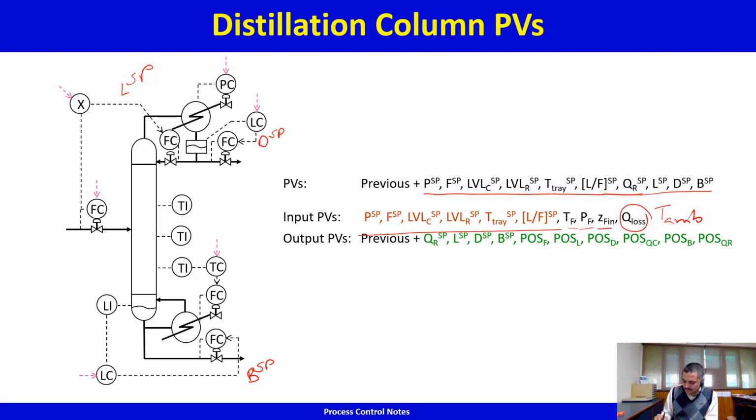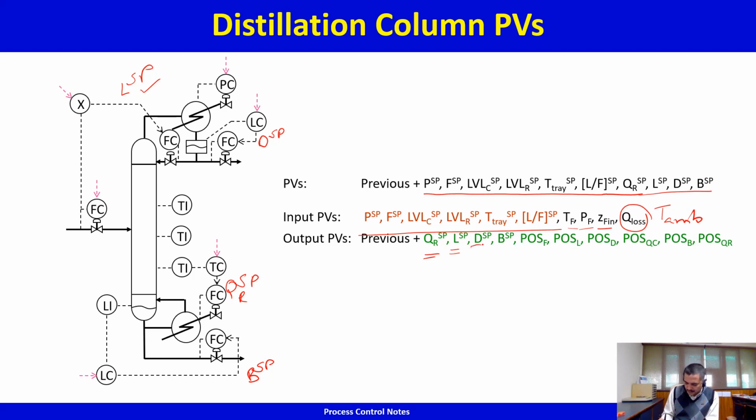Output PVs are everything that is calculated by the controllers. So this QR set point is calculated by the temperature controller. This set point LSP is calculated by the ratio controller, reflux to feed ratio controller.